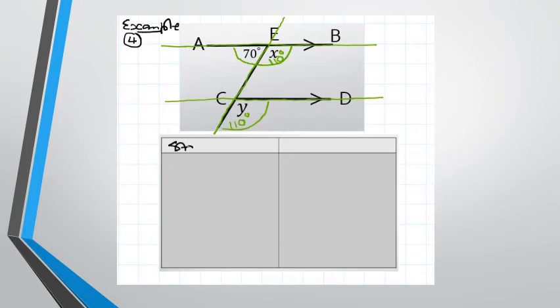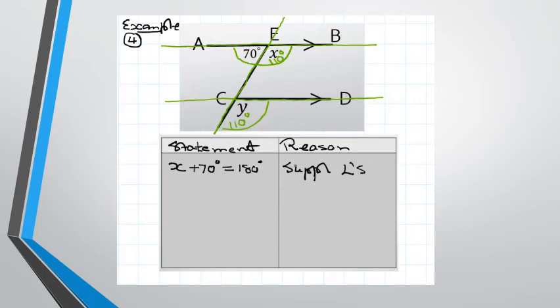Statement. Reason. So I've started by saying that x plus 70 degrees equals 180 degrees, supplementary angles, two adjacent angles on a straight line.